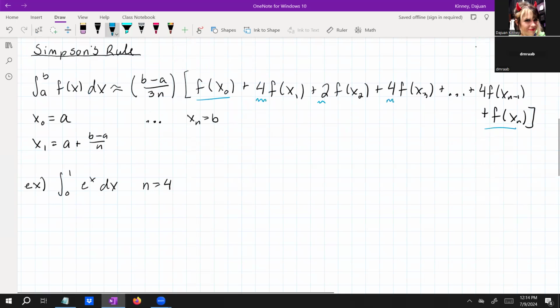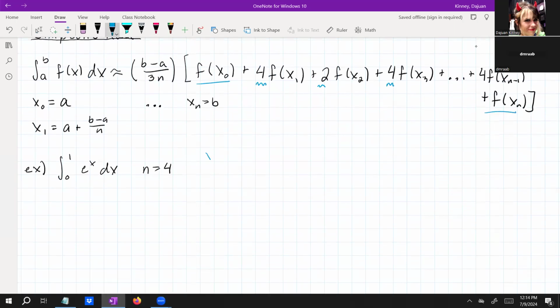Okay, same deal, same setup. x0 equals 0, x1 is a fourth, x2 was a half, x3 was 3/4, x4 was 1. And plug it in: b minus a, 1 minus 0 over 3 times 4.